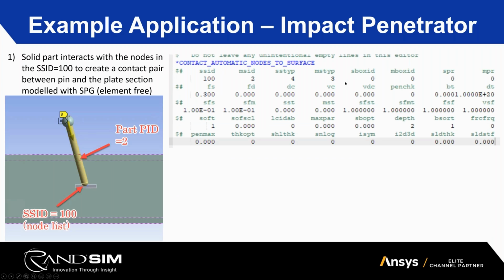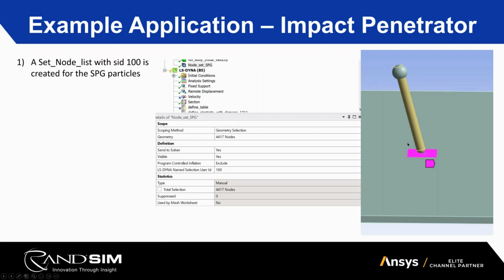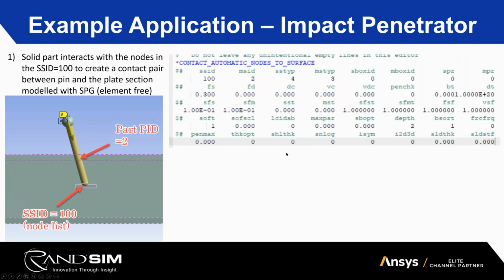You can see the way I'm setting up the problem is that I'm defining the characteristic of my plate, then I'm defining the contact between the penetrator and the plate, just like you would do with anything else. But in this case, I'm focusing my energy on the correct cards I want to use to define the correct behavior. So this contact card is going to set these nodes against these surfaces on this yellow part, and they are going to see each other as a contact pair.